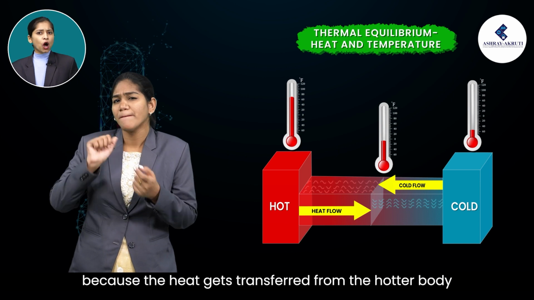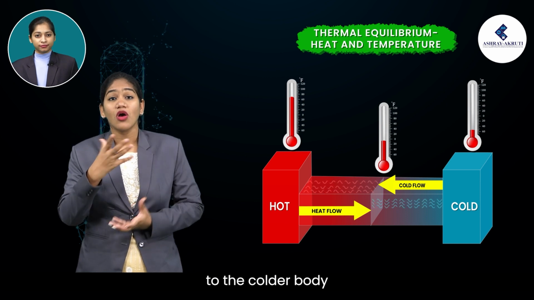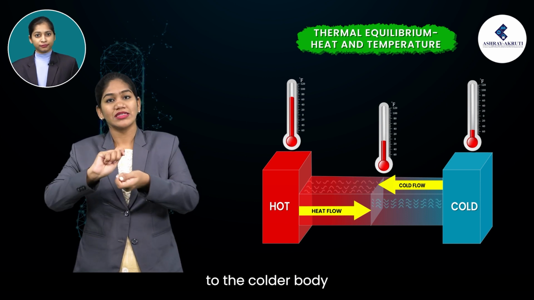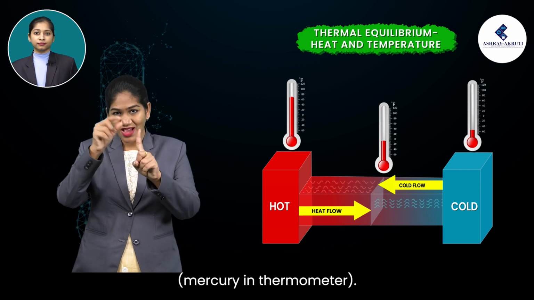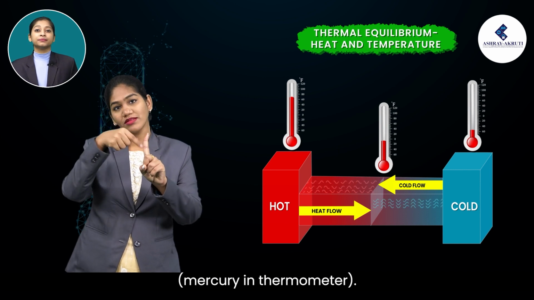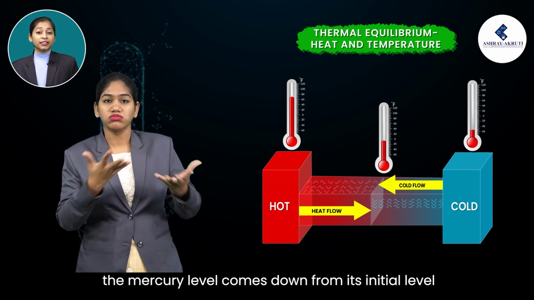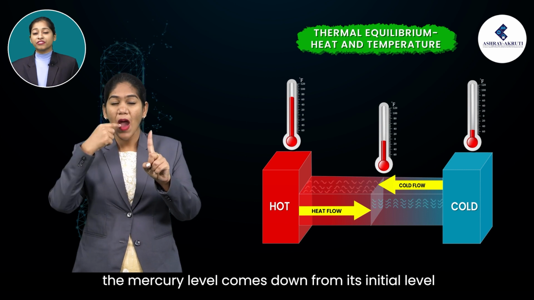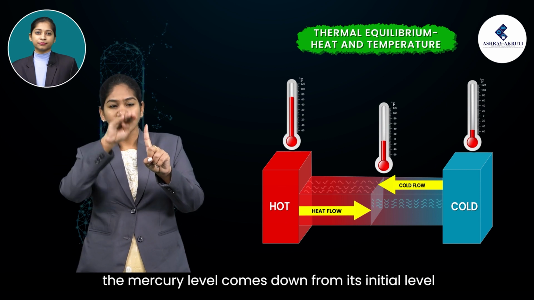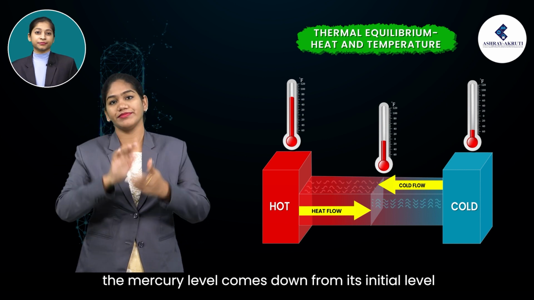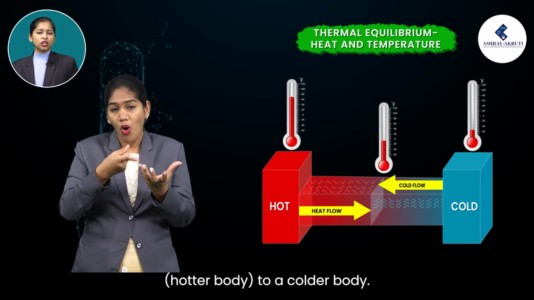This happens because the heat gets transferred from the hotter body to the colder body. Mercury in thermometer. Similarly, you will observe that for a colder body, the mercury level comes down from its initial level, because of the transfer of heat from mercury, the hotter body, to a colder body.